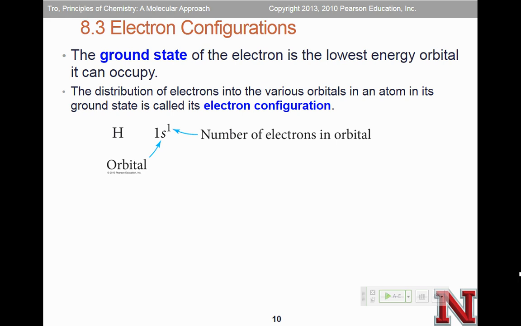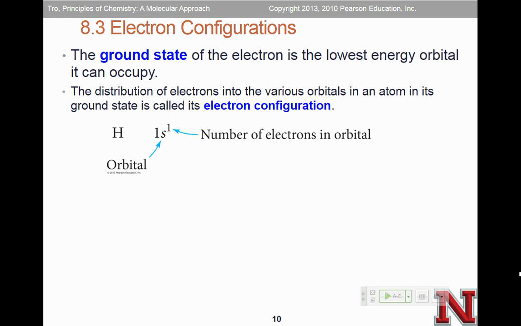And because it has only 1, the highest n could be is 1, then we only have a 1s orbital. So the s clearly represents the s orbital. And then superscripted, we have a 1 here. That represents the number of electrons in that orbital.